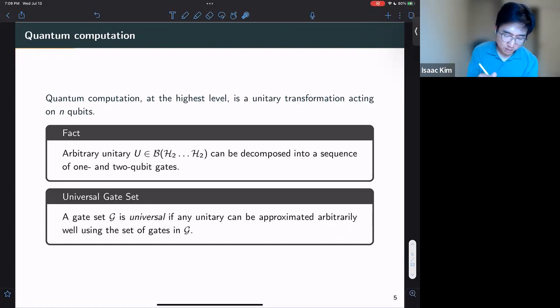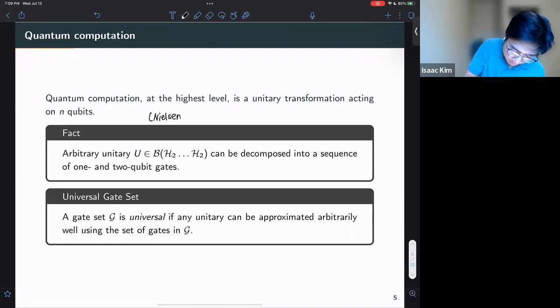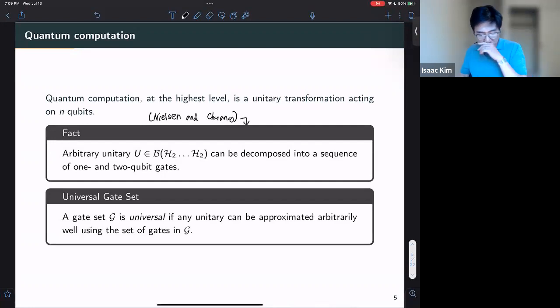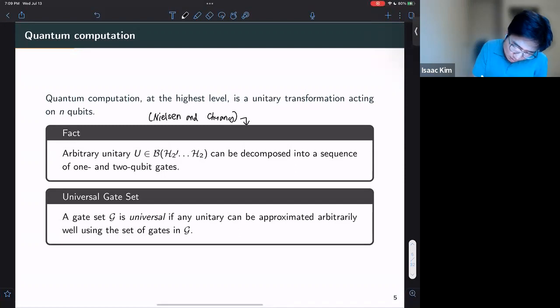You can find the proof of this fact in, let's say, Nielsen and Chuang, the standard textbook in quantum computing. It turns out that any unitary transformation acting on n qubits can be decomposed into a sequence of 1 and 2 qubit gates.